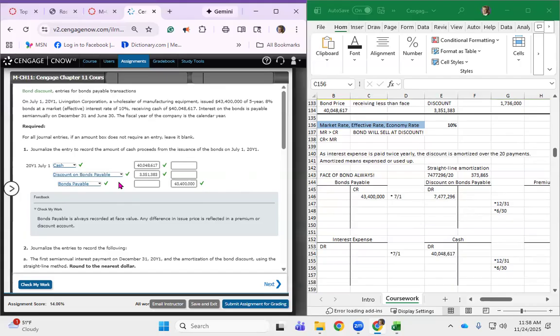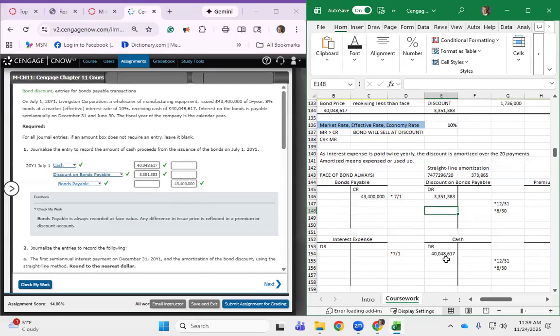A discount means you received less cash than the face. A premium means you received more. Okay, and I need to put my discount in, and I need to put the cash amount in. So my discount then is the 3,351,383. All right. So there it is.